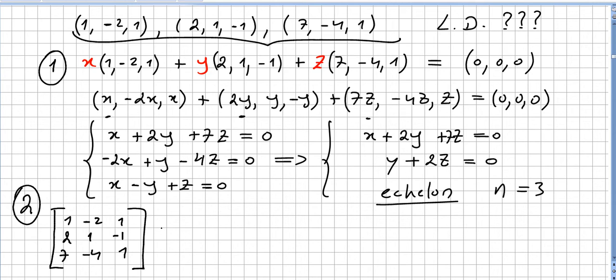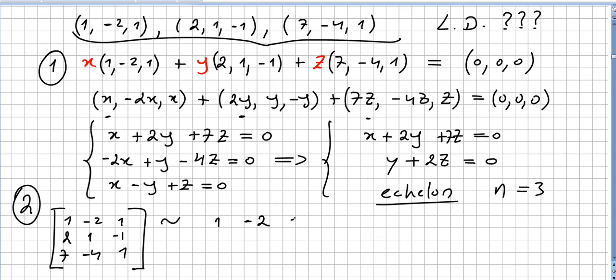Just use the elementary row operations. So you will get 1, 2, 7 here, right? Is this a 7 here? Yes. Well, let me do some quick calculations here.